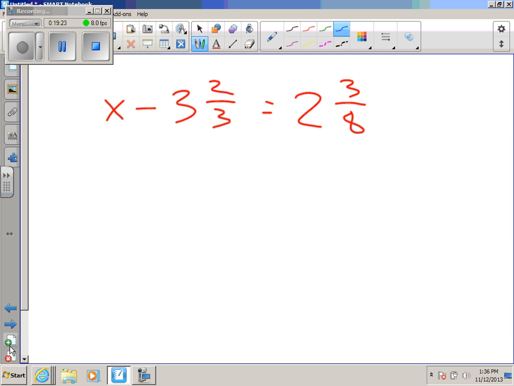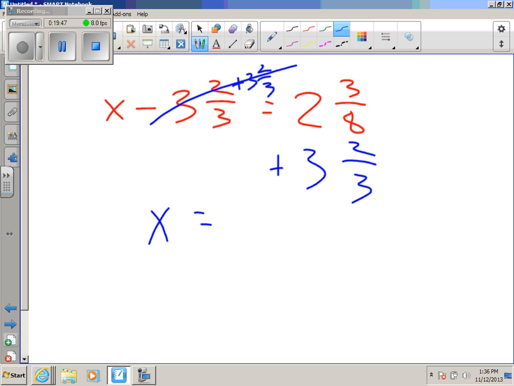Add. Add 3 and 2/3. Okay? When I add 3 and 2/3 to a negative 3 and 2/3, what do I get? Which means now this has gone and I'm left with just x on that side. That's why I do the opposite.